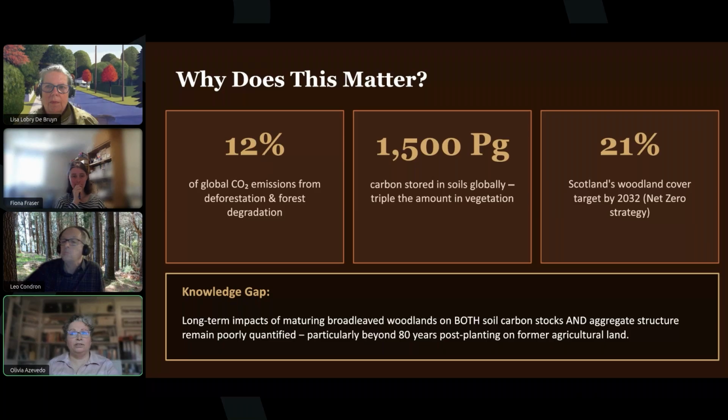Here in Scotland, the government has committed to expanding woodland cover to 21% of the country's land area by 2032 as part of its net zero strategy. That means potentially a lot of the land that was previously under pasture or arable is going to be planted with trees over the coming decade.